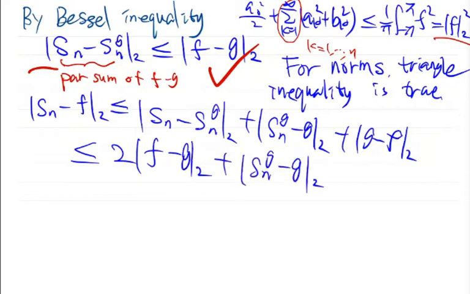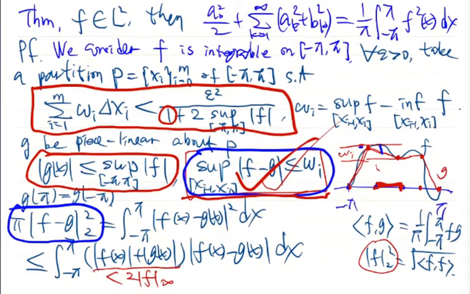But the L2 norm of f minus g is less than epsilon. Where is our g? g is the piecewise linear function, yes.